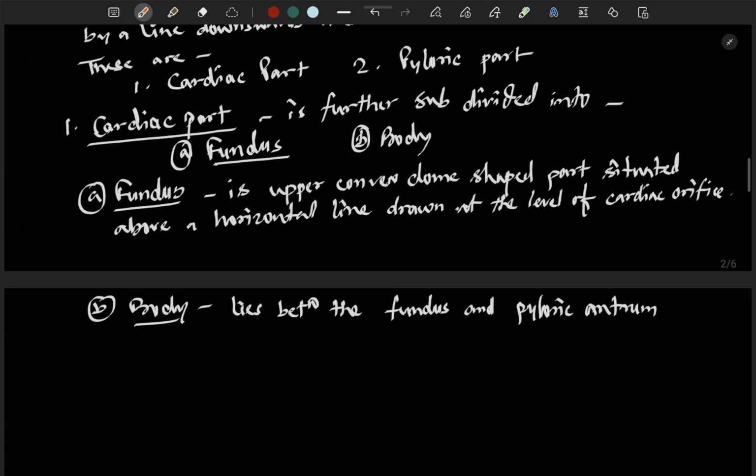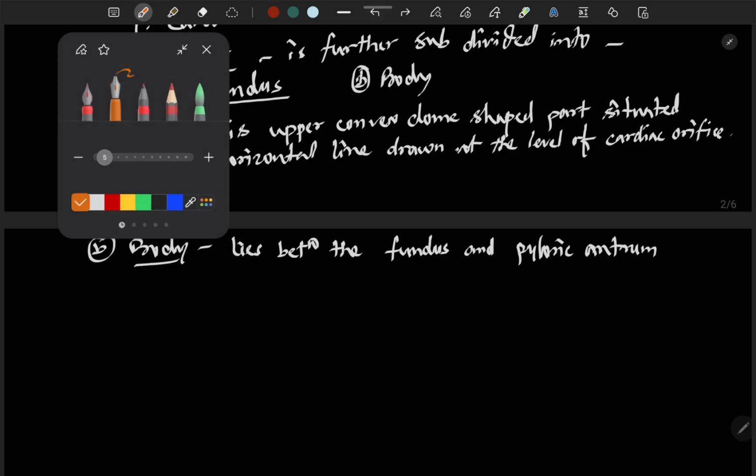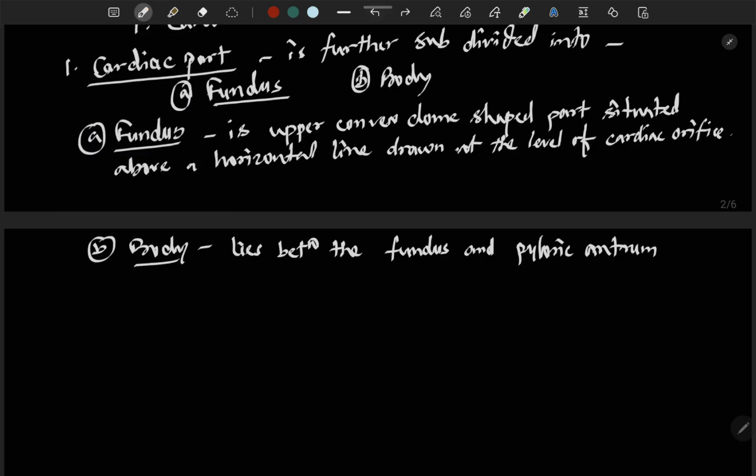Next, cardiac part done, number 2, pyloric part.